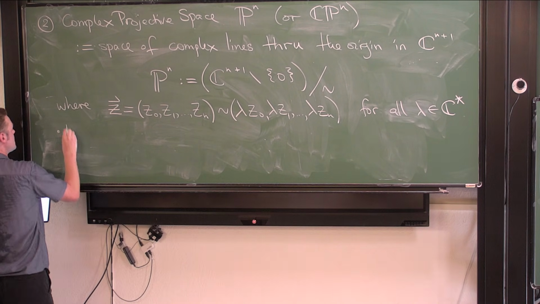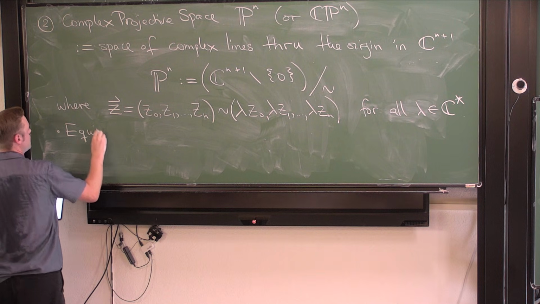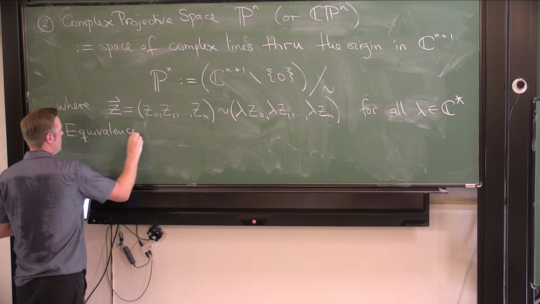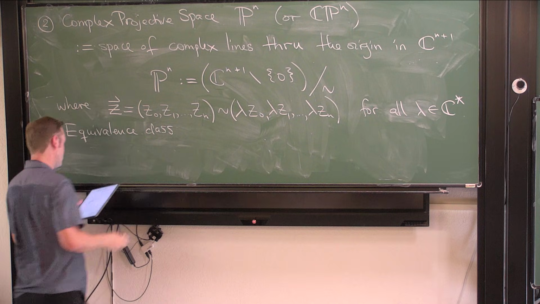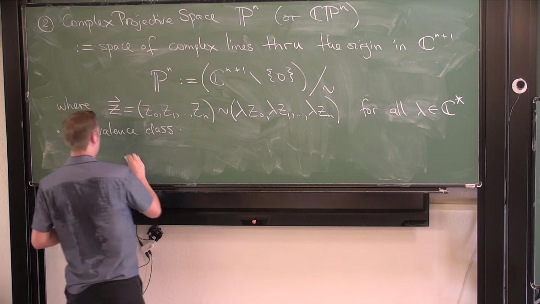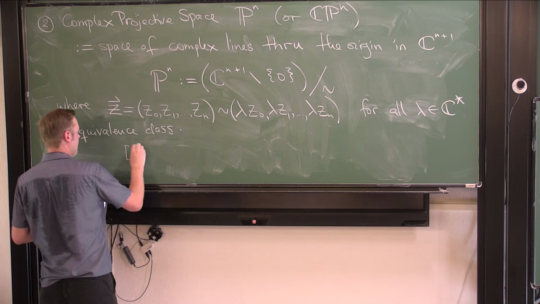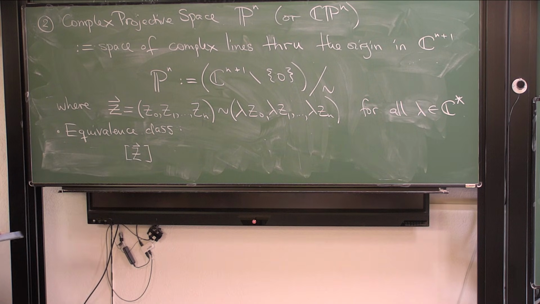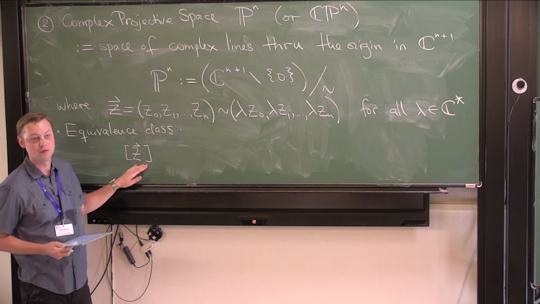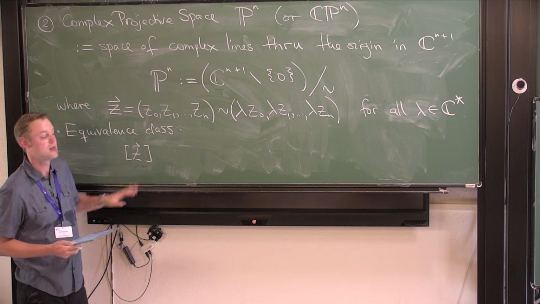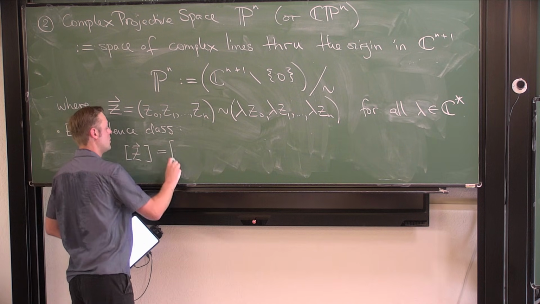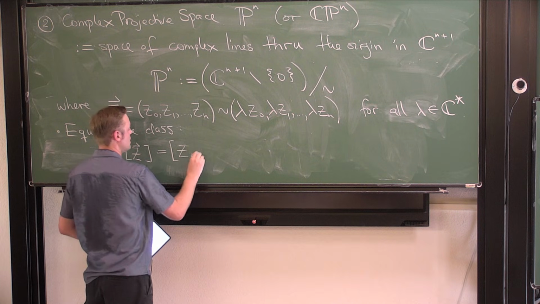So equivalence classes have a useful notation. The equivalence class of a point, a vector z hat, we often write in this form.